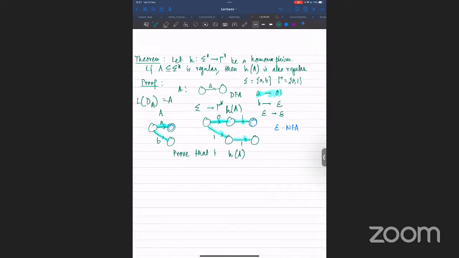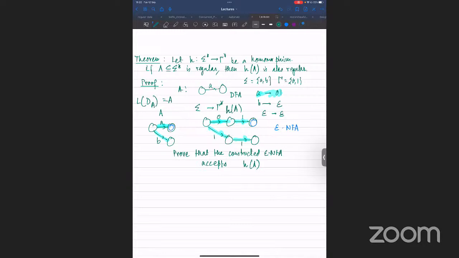Prove that the constructed epsilon NFA accepts H of A. And how do you prove that?